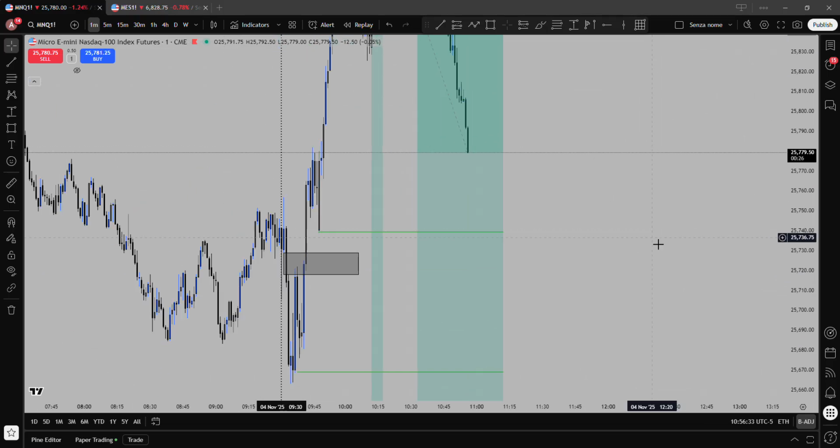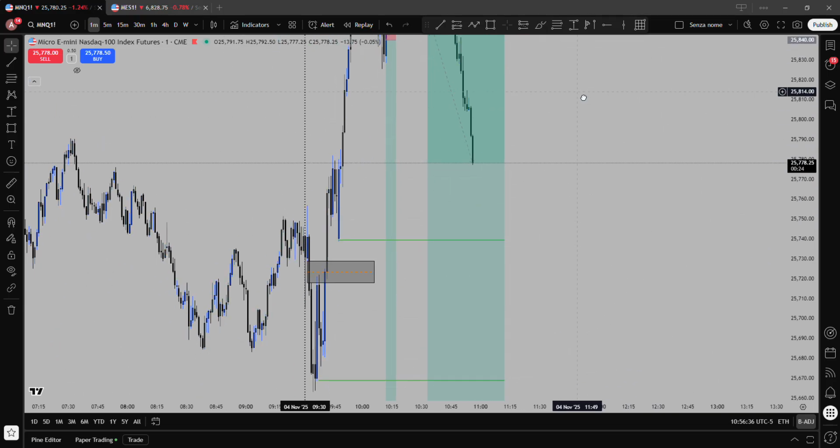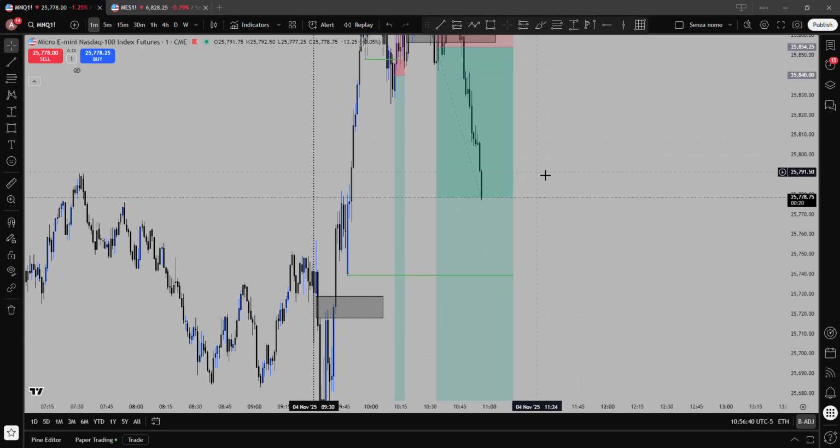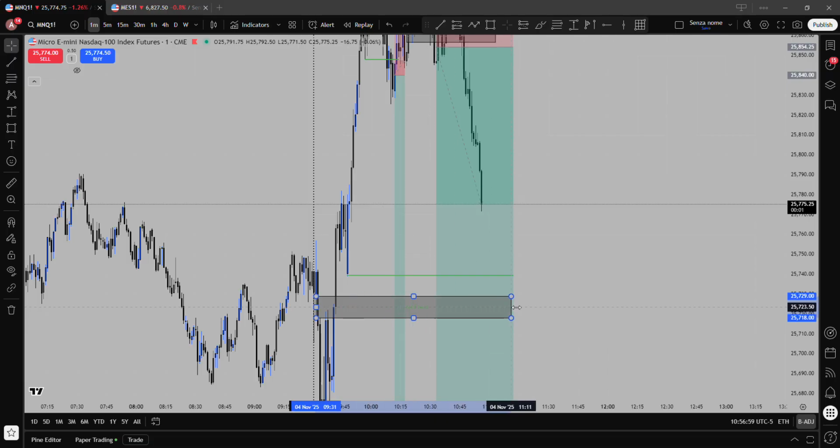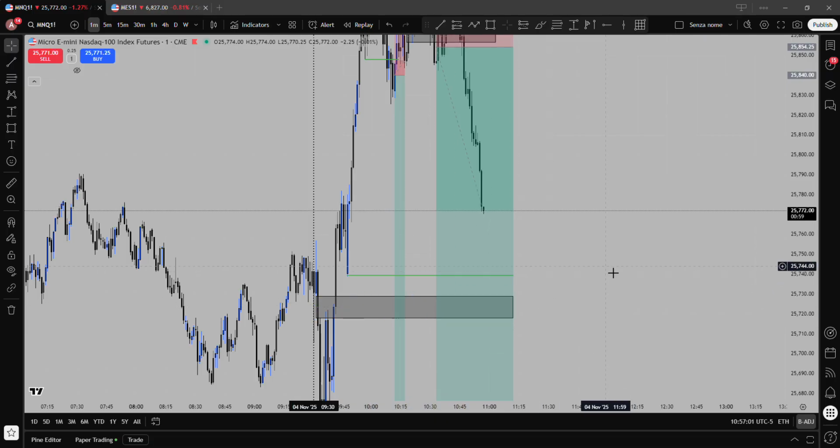So hopefully we can get all the way down here, but I think the price will at some point start to go sideways, so it will lose some speed. So hopefully we can at least reach those before midnight. Hopefully.